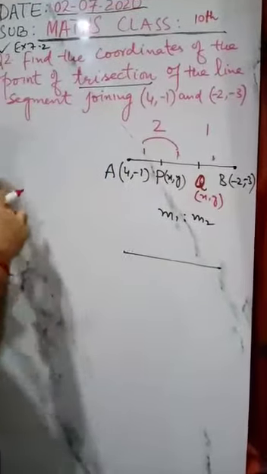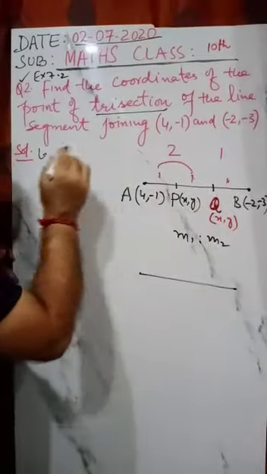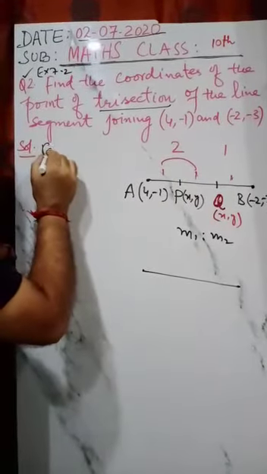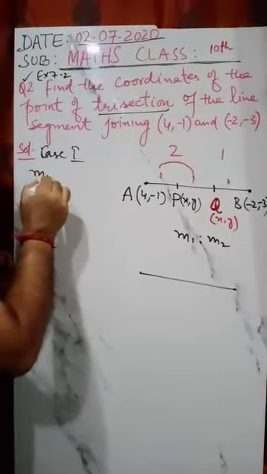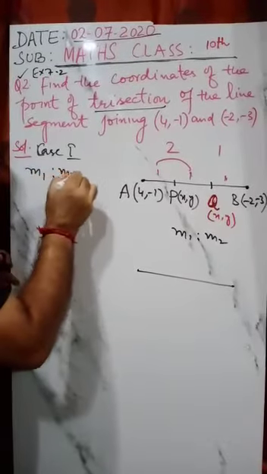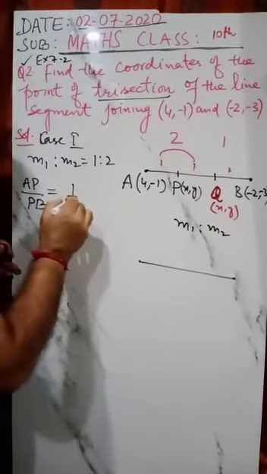So therefore there are 2 cases. Let us start the solution. For case first, the ratio m1 is to m2 is 1 is to 2, that is AP upon PB is 1 is to 2.